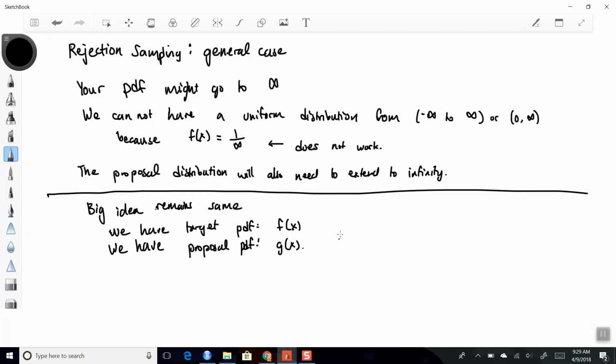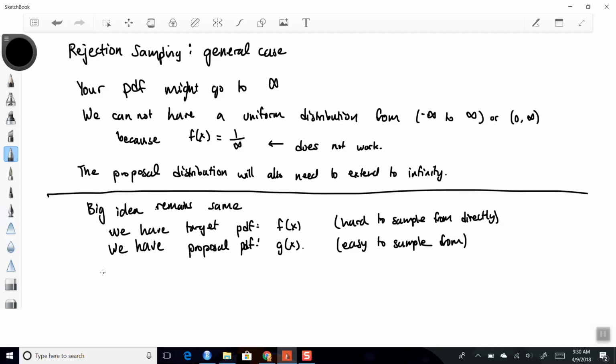The idea is it's easy to sample from g of x, whereas it's hard to sample from f of x directly. Both will have the same domain, or at least, the domain of g of x will be wider than the domain of f of x. So that's where we start.